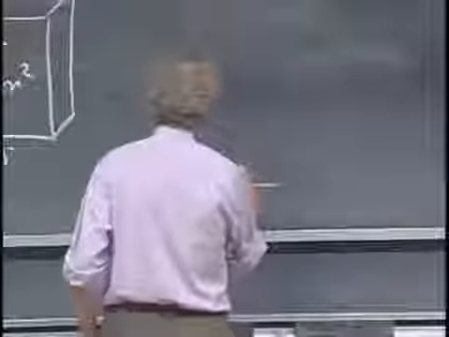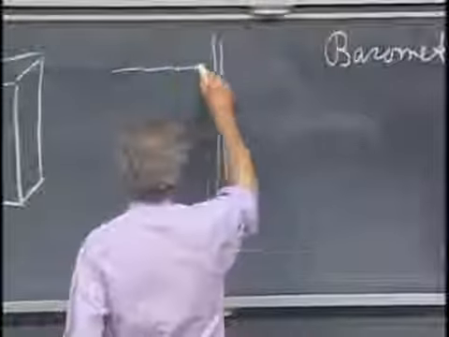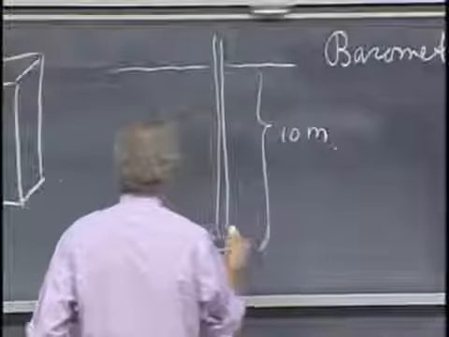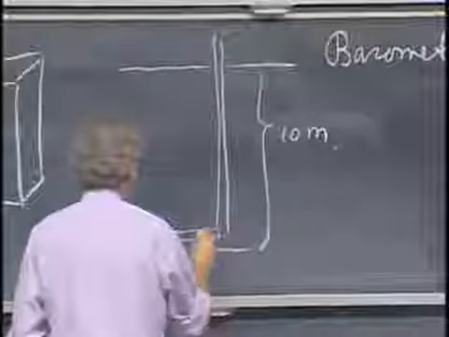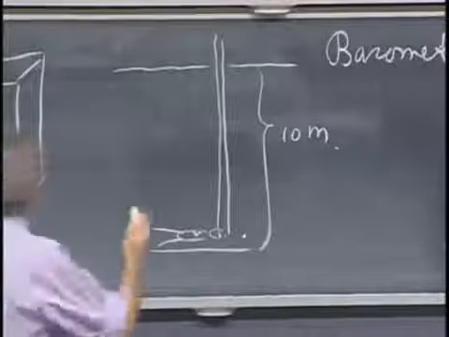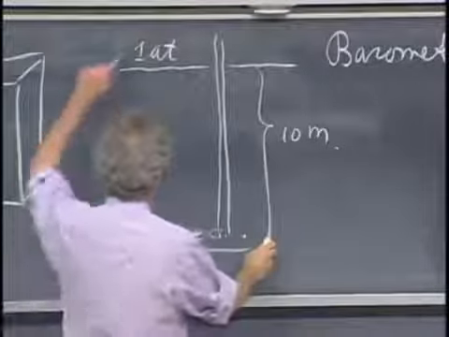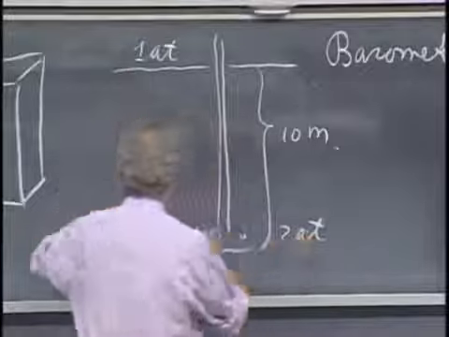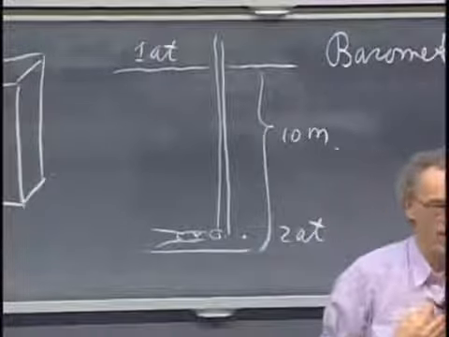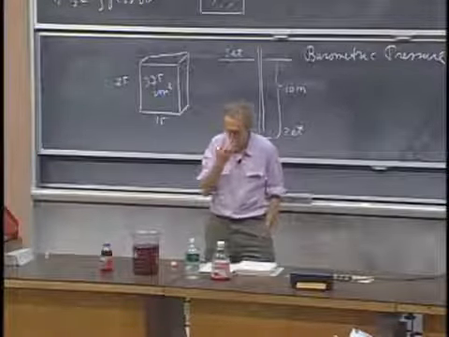If you're here, and you have a tube, and here is the water level, and if this is 10 meters, then the overpressure here between your lungs and the water is 1 atmosphere. So here is 1 atmosphere barometric pressure, here is 1 atmosphere hydrostatic pressure, plus the barometric pressure, so here you have 2 atmospheres. So there's a huge force on your chest. Inside your lungs is 1 atmosphere, outside is 2 atmospheres, and there's no way that you could breathe.